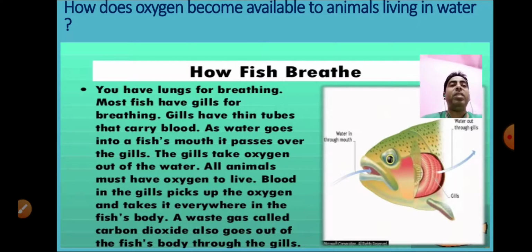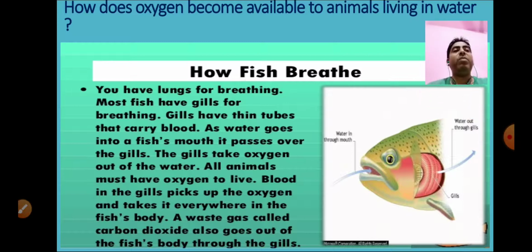Now, how does oxygen become available to the animals living inside the water? The animals which live in the water are aquatic animals, while the plants that live in the water are called aquatic plants. These plants and animals live in the water of lakes, ponds, rivers and oceans.